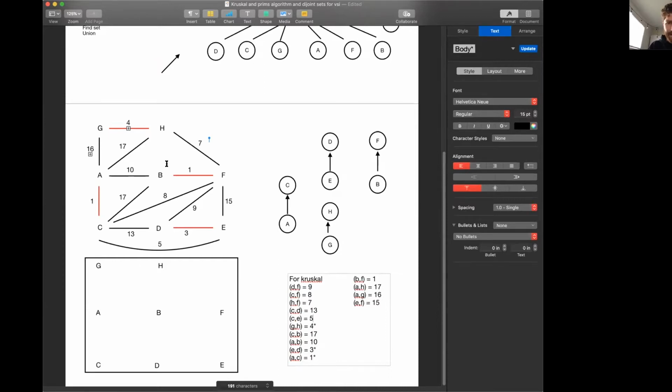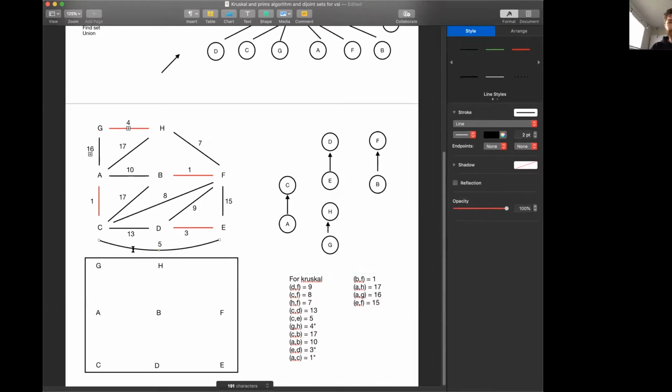So CE is this one, and this is an edge of weight 5. What I'm going to do is call find set on C. What should find set on C give me?